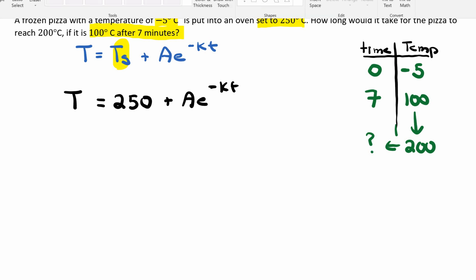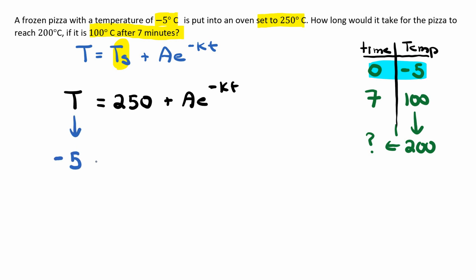We will go ahead and use the 0 and the -5 first. So this will be -5 equals 250 plus A e^(-k times 0). If I multiply all of this by 0, that just goes away.